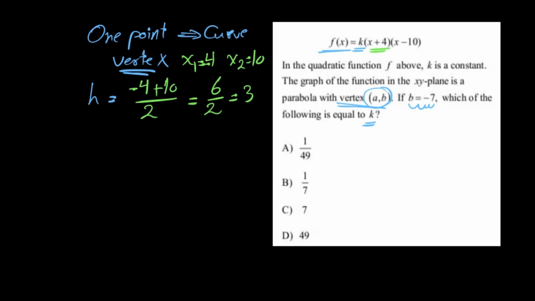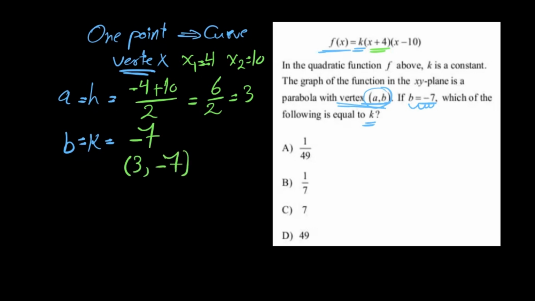I want to find k. I will substitute. h here equals A, k equals B, because he tells me that A and B is the vertex. B equals negative 7. That means we have the point 3 and negative 7.